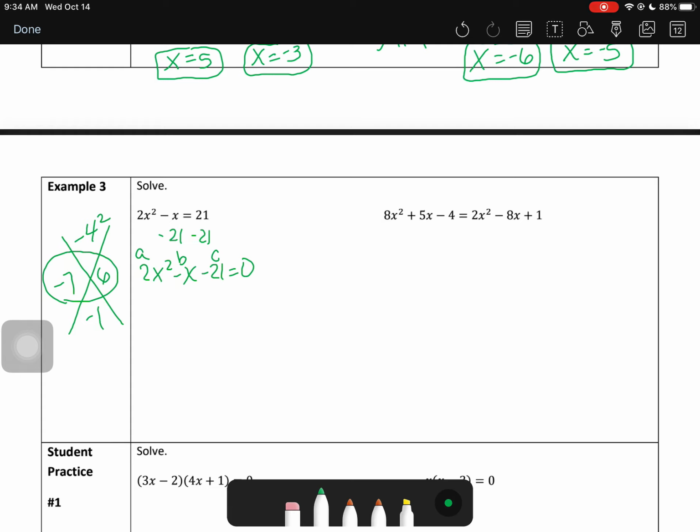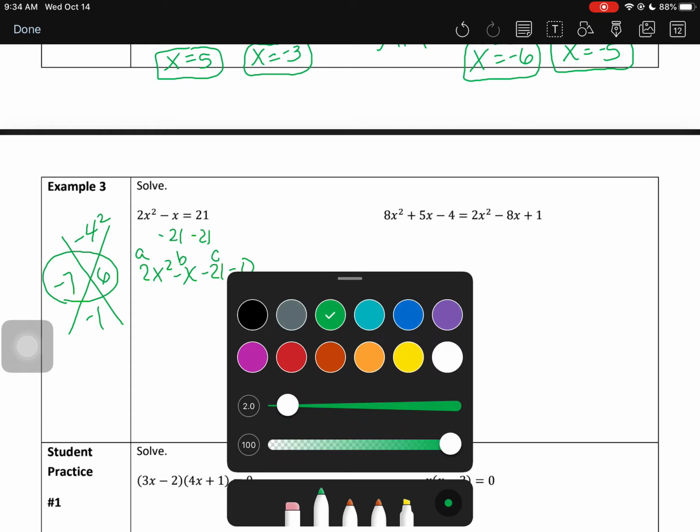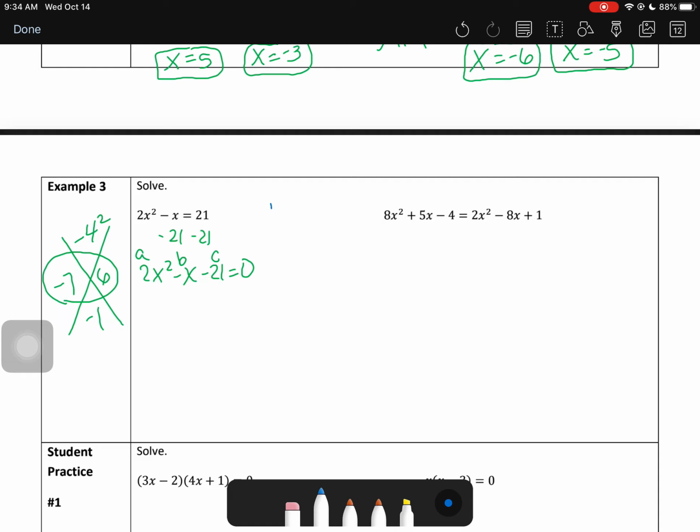But this time, since our quadratic has a leading coefficient of 2, we're going to make our box. Our first term goes in our first box, 2x squared. Our last term goes in our last box, negative 21. And we use the other two factors to make our other terms.